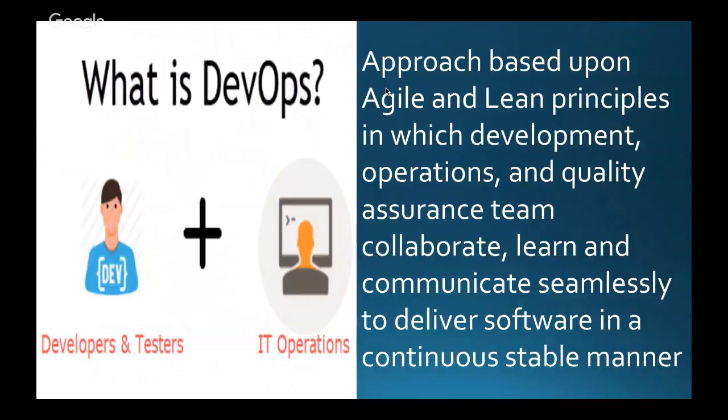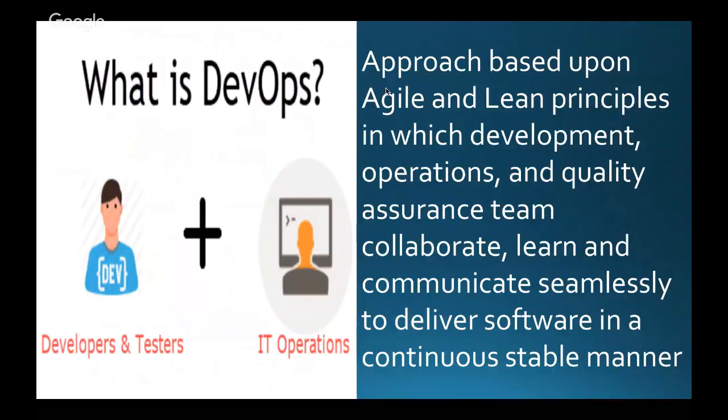But when I say developers, it is not only the developer, it is all those stakeholders responsible for developing software, which includes developers, testers, business analysts, or any business stakeholders, plus IT operations, who are responsible for deployment, managing the workflow and pipelines, working on releases, providing patches, and doing all kinds of IT operations related work. So DevOps was a combination of the development team and the IT operations team.